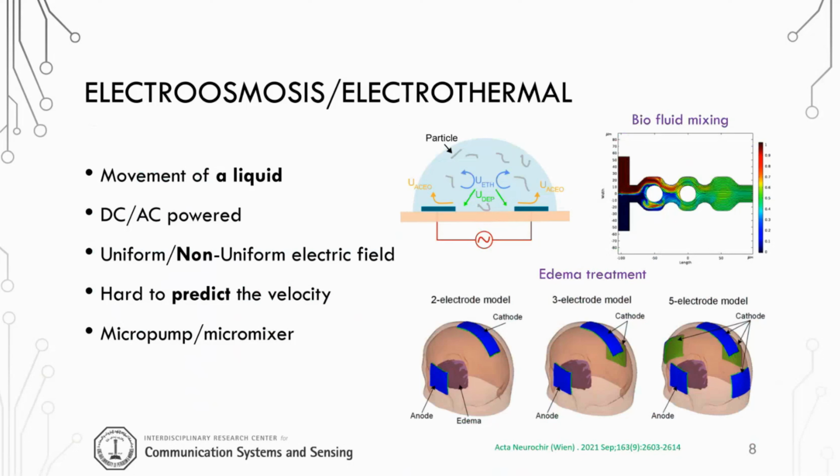For example, the temperature near the electrode will be higher than the temperature at the top of your droplet. It will cause some kind of medium circulation, and the medium circulation will take the particles from down here to the top and cause something like a vortex. It is also DC and AC powered, so you can use an AC or DC electric field. The electric field here can be either uniform or non-uniform, because both can be there.